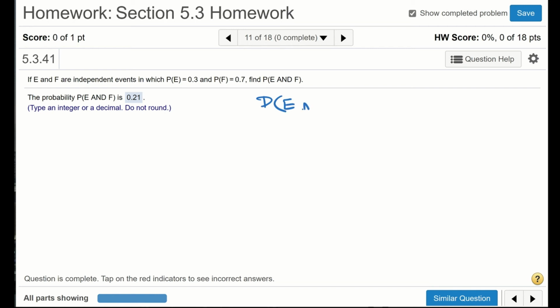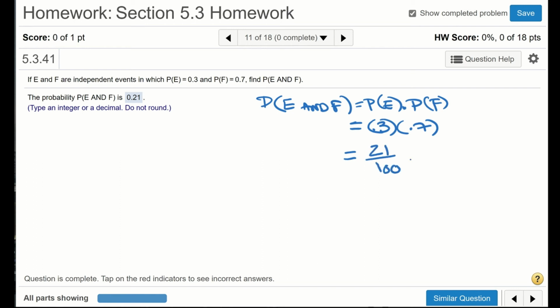The probability of E and F is just going to be the probability of E times the probability of F. So we're simply going to multiply 0.3 by 0.7, and that's 3/10 times 7/10, so that's 21 over 100, which is 0.21. So very simple.